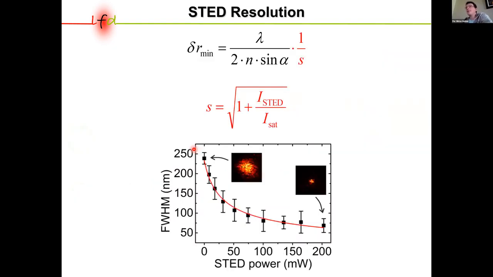This can be quantified by extending the equation for the resolution by this factor 1 over s, where s is the square root of 1 plus the intensity of the STED beam divided by the saturation intensity of the molecules for depletion, which depends on the absorption cross-section and the lifetime of the molecules. And then here's just an example of increasing the STED power, and you increase the optical resolution.